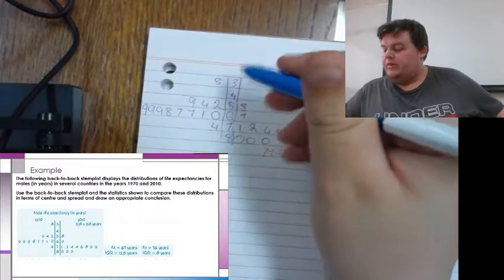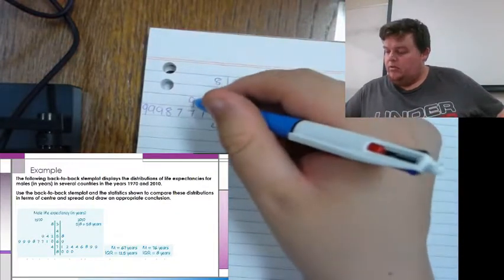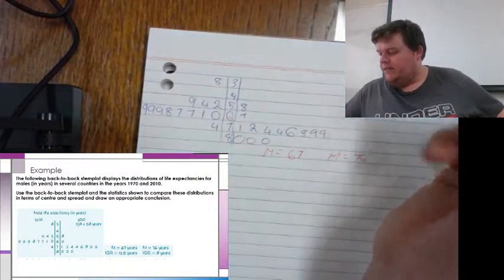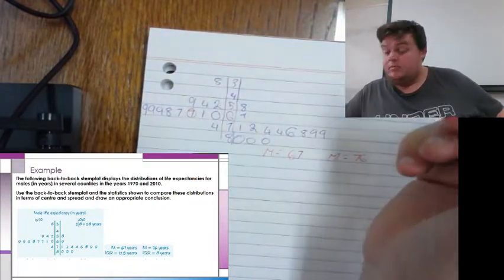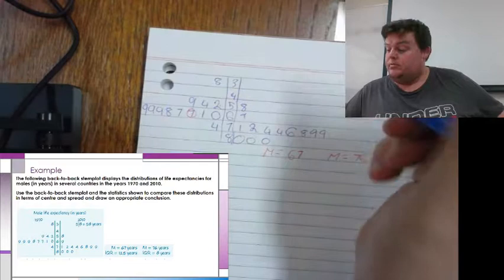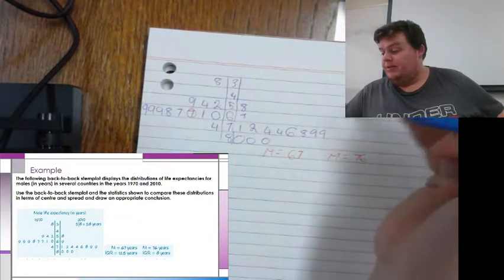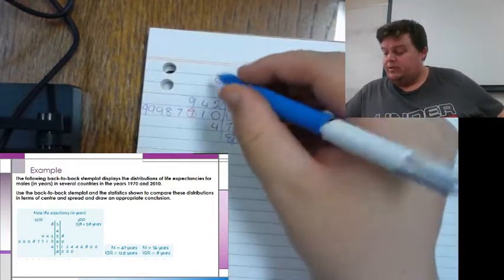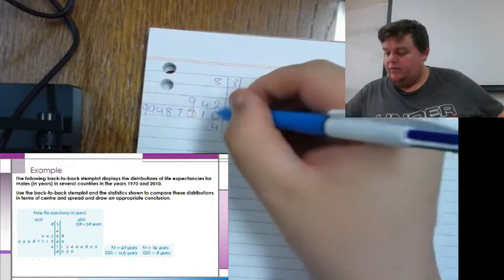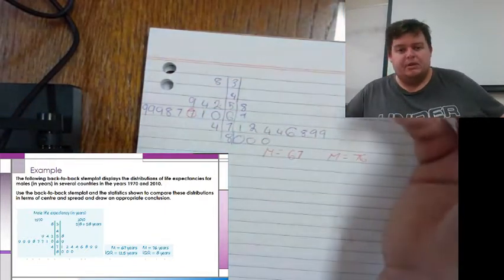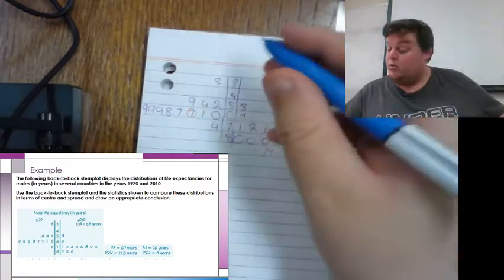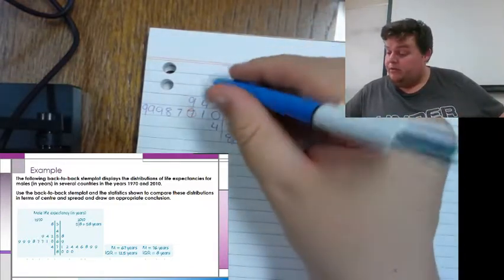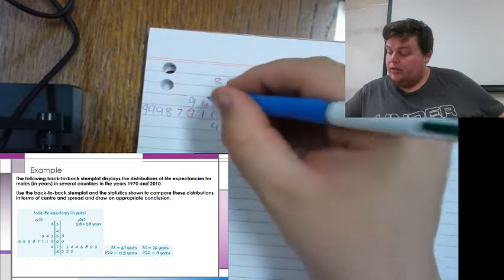Then if you do the median of each half, we've got 1, 2, sorry, I shouldn't count it that way. Our seventh value is the middle, and because we had 13, we should have 6 on each side. 6 plus 1 divided by 2 is 3.5, which means our Q1 value is between the third and fourth values.